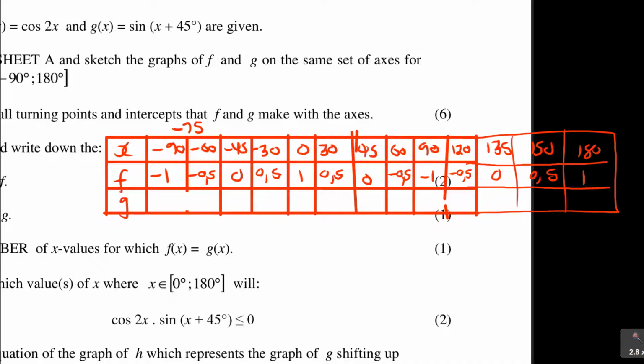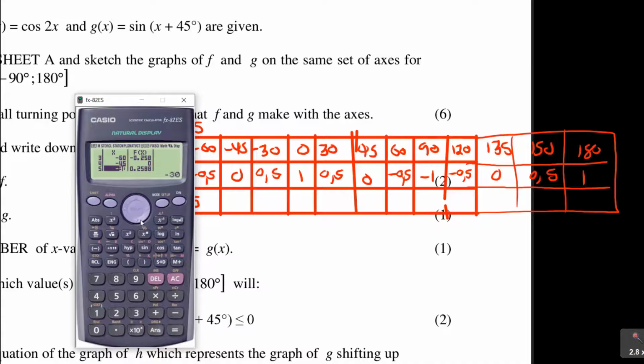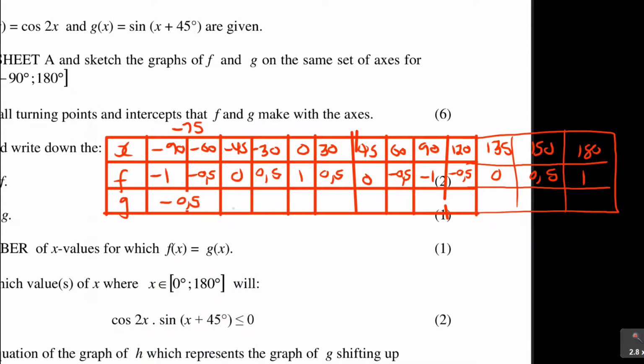Negative 45 is 0. Negative 15 is somewhere there. And in negative 15 also they have a positive 0,5.